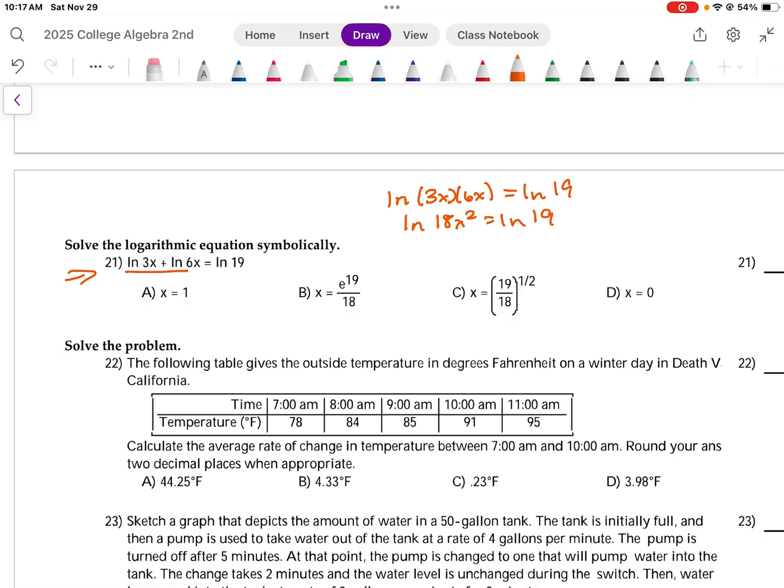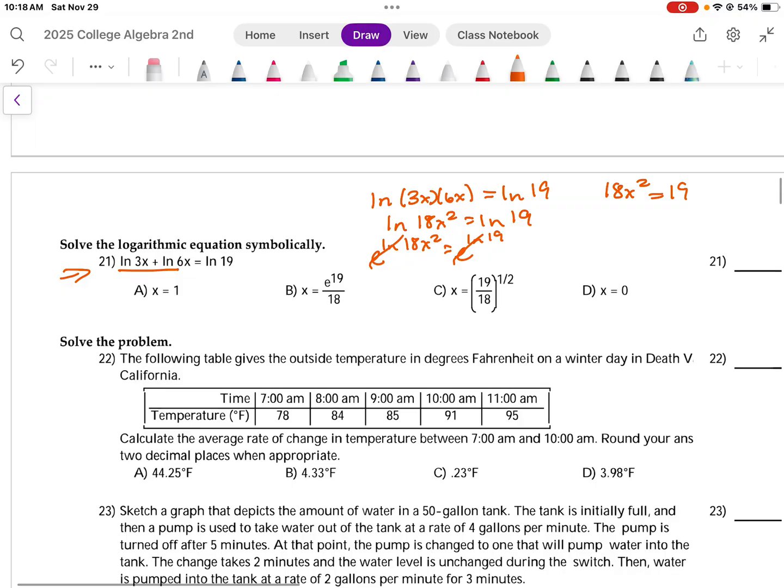Now we would do e to the ln of 18x squared equals e to the ln of 19. e and ln cancel, and we get 18x squared equals 19. Looking good. I still see 18s and 19s.